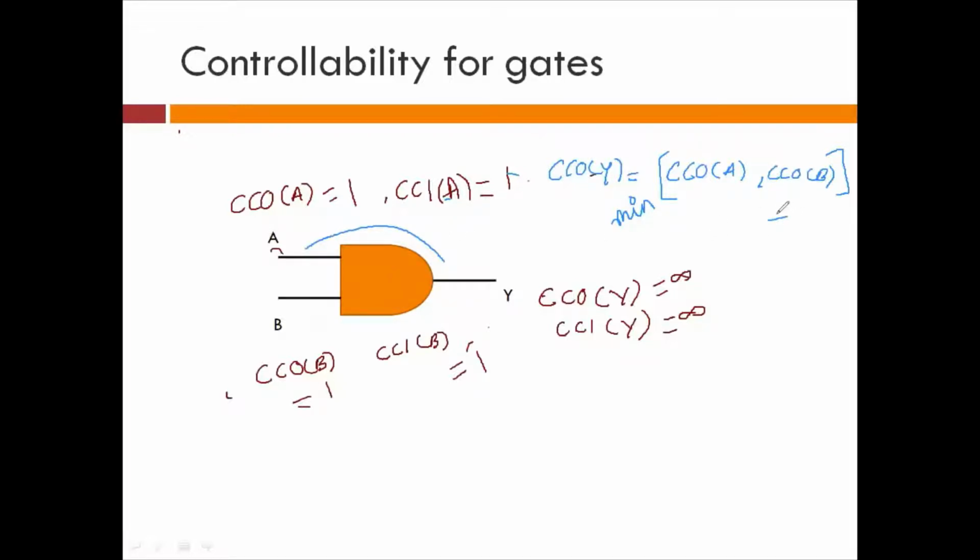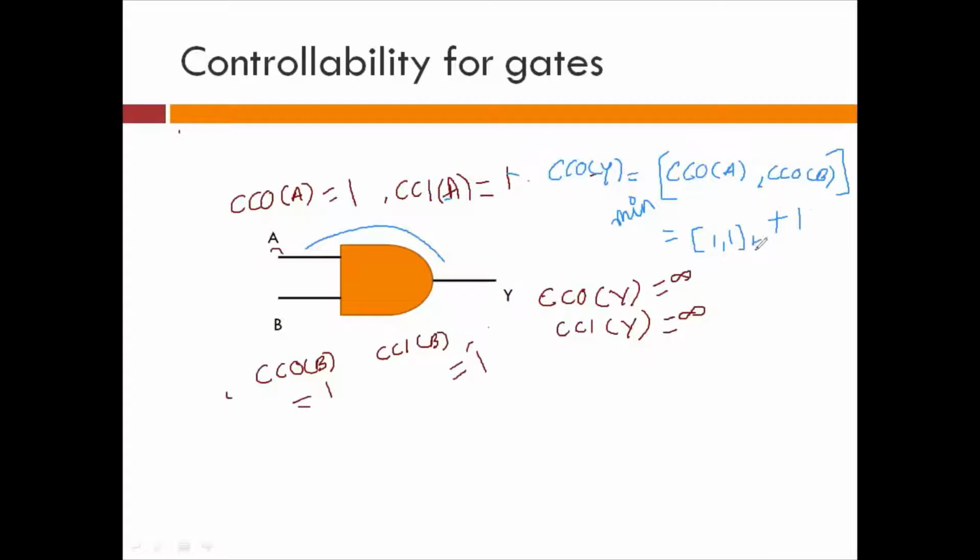So plus 1 for every level as we are moving. Put the values of CC0 of A and B here. CC0 of A is 1 and B is also 1.